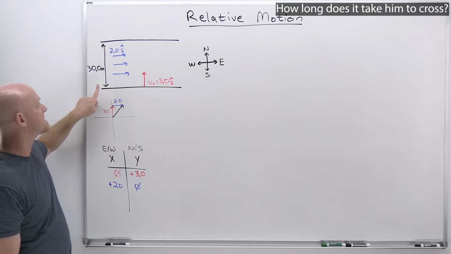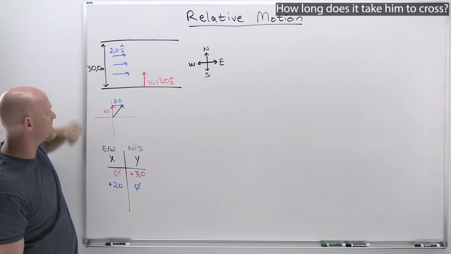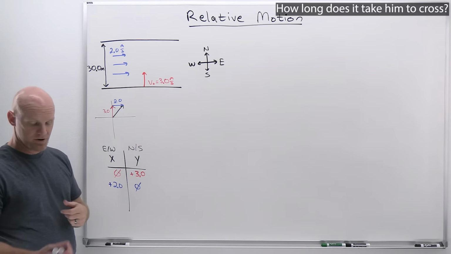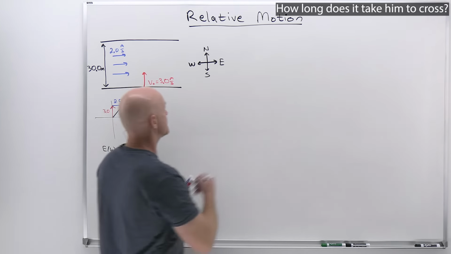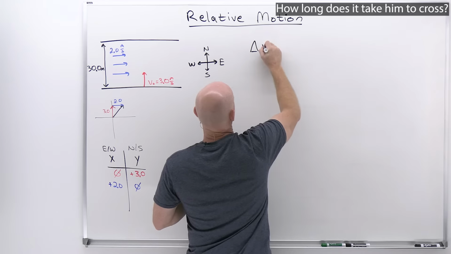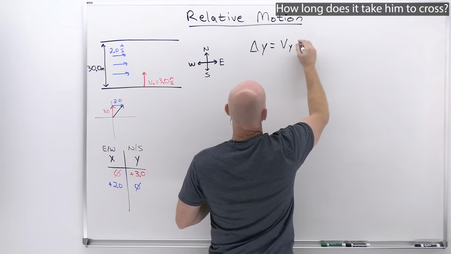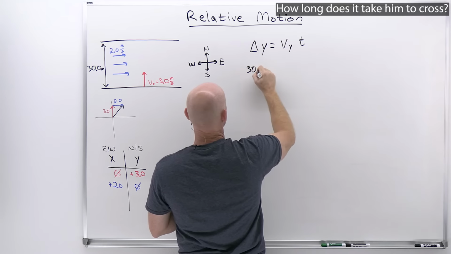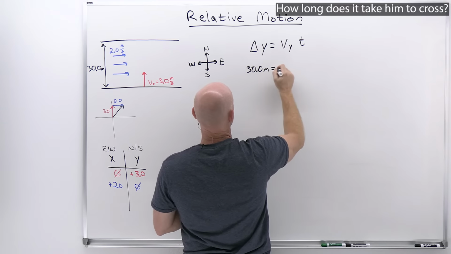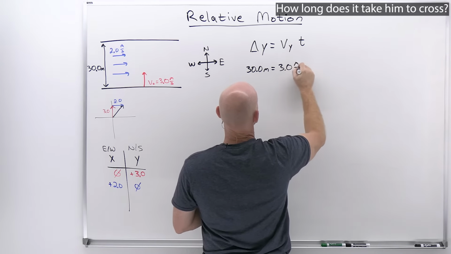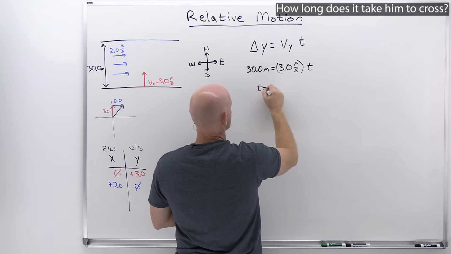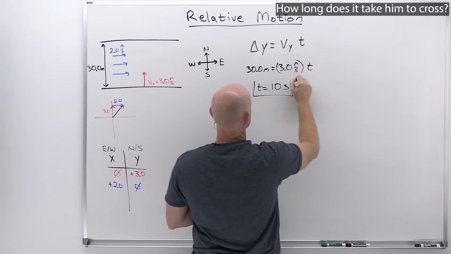So he's got to traverse a vertical displacement of 30 meters, and he's doing it with a y component of his velocity of 3.0 meters per second. Let's solve this. Delta y equals the y component of his velocity times the time. So that's positive 30 meters equals 3.0 meters per second times time. Divide through, and we get a time of 10 seconds.